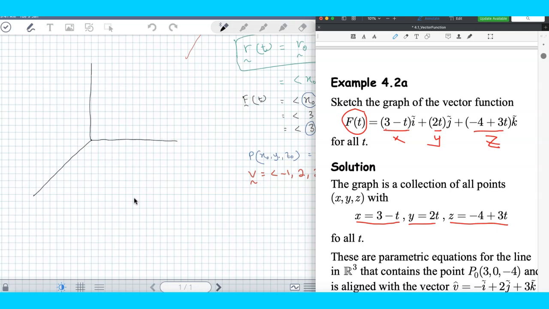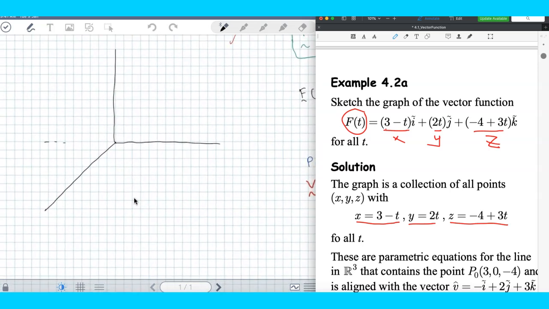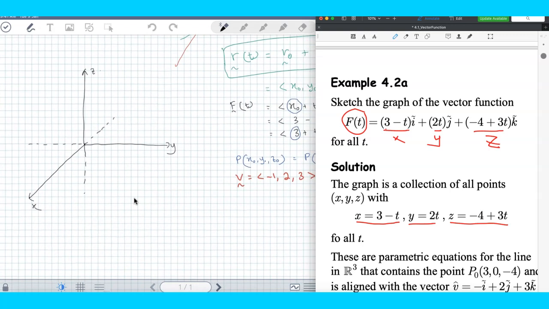Okay, so x, y, z. And then, okay, x is minus 1, y is 2.